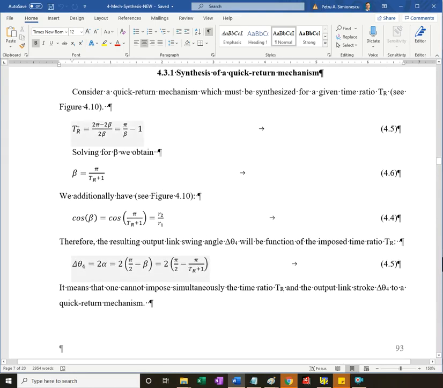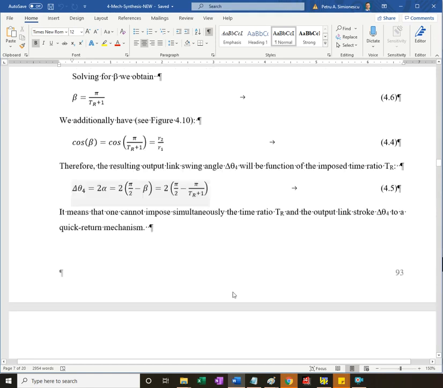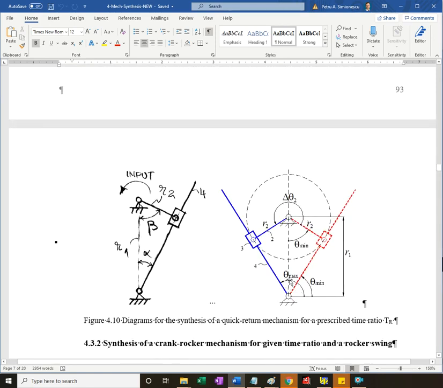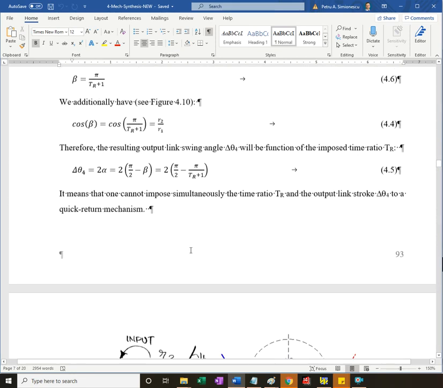Say I have time ratio 1.15, I can solve for beta, and then further using geometry in this right angle triangle, R2 over R1 is equal to cosine of theta min, which is beta.